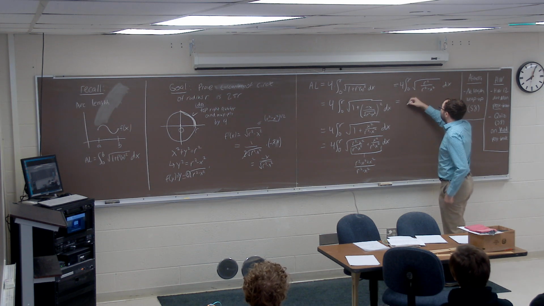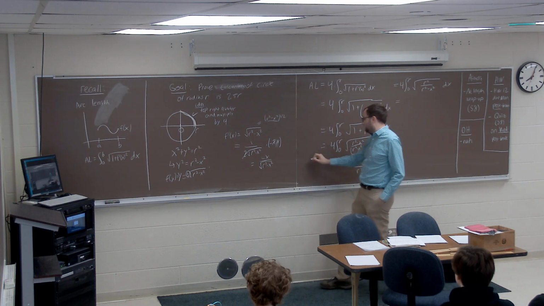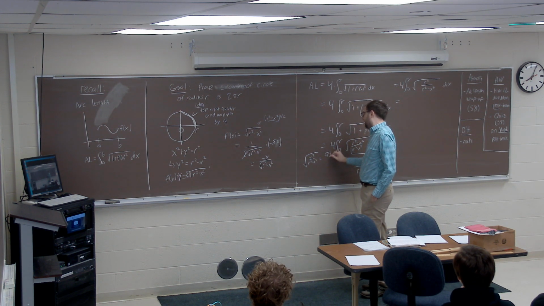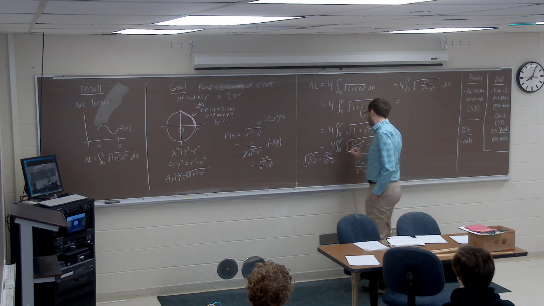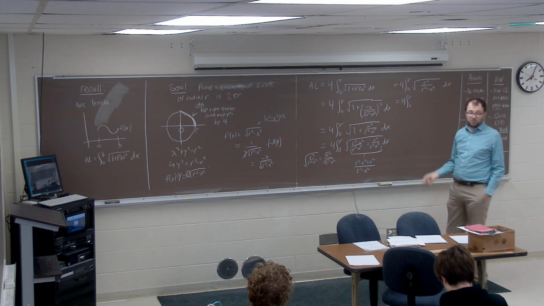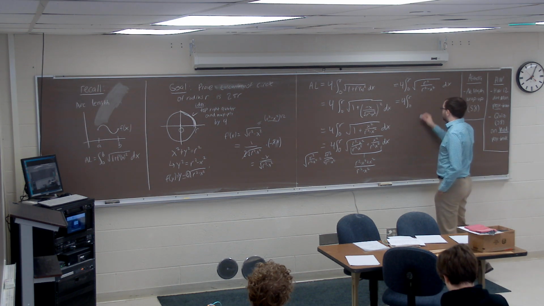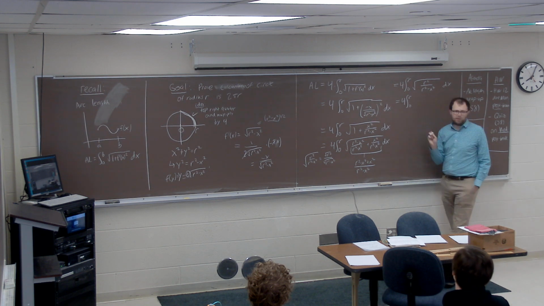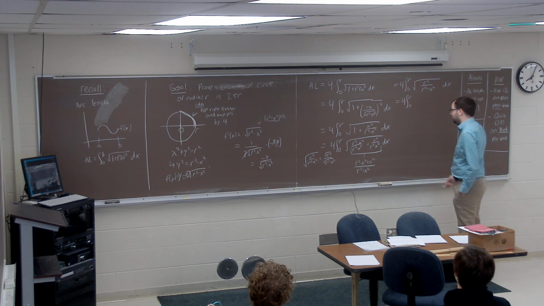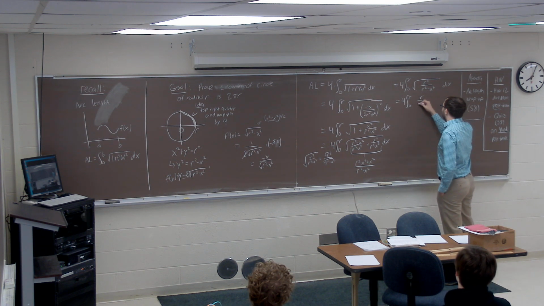Okay, yeah, we could split this up and say the square root of r squared over r squared minus x squared is going to be the square root of r squared over the square root of r squared minus x squared. And then the square root of r squared is just going to give us r, since we're assuming r is a positive number, the radius of our circle. So we get r over the square root of r squared minus x squared.